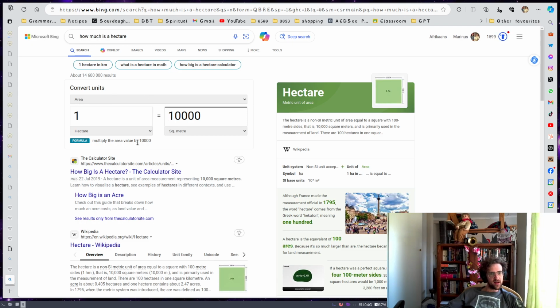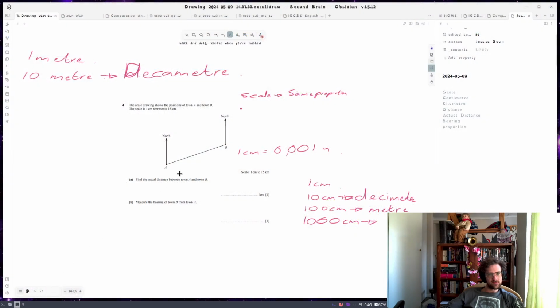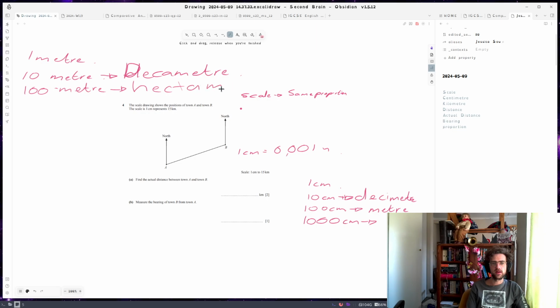So a hectare is square meterage. Okay, so that's a different thing. It's not measuring from here to there. It's a totally different type of measurement. So we've got a decameter, but you're close because 100 meters is a hectometer.